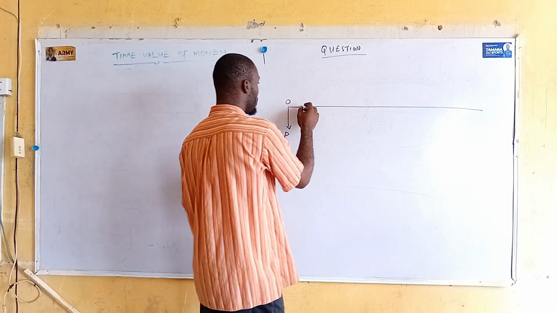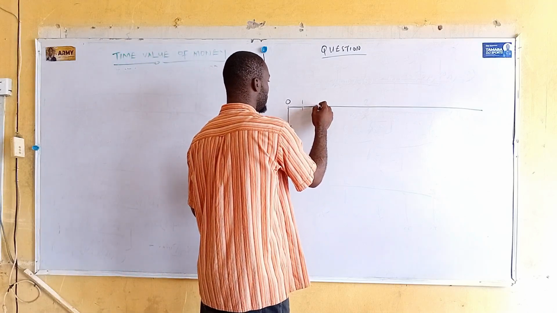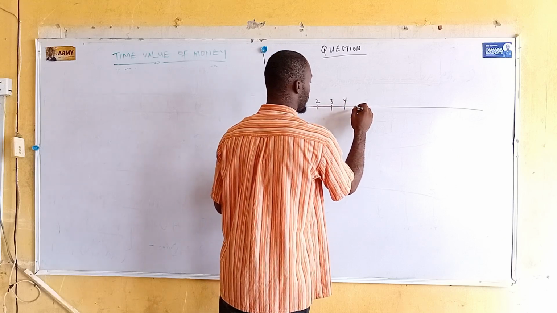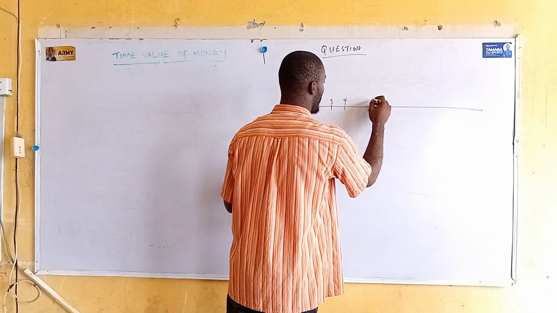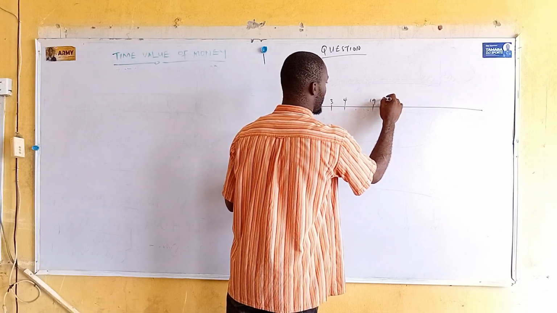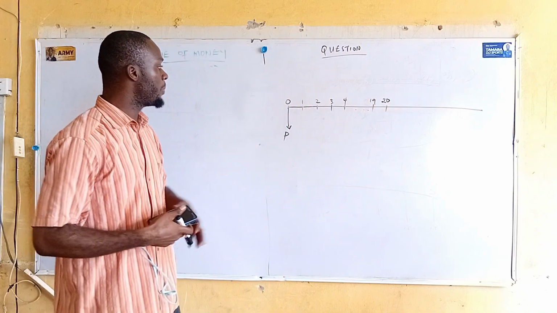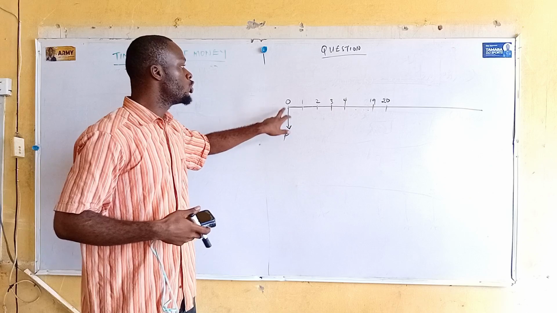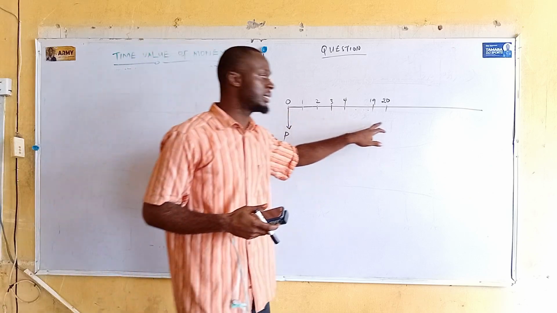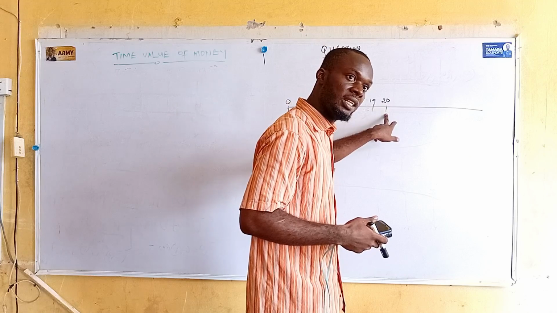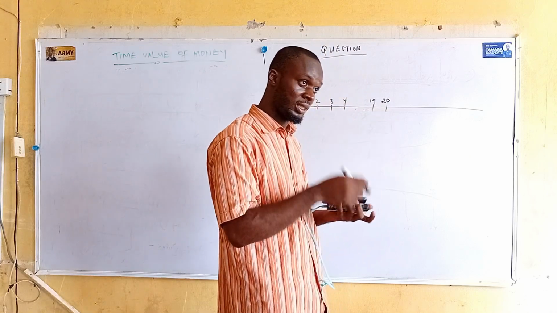So you count 1, 2, 3, 4. But how much should the person deposit now to be able to withdraw 3,600 for 10 years, starting 20 years from now? Do you understand?